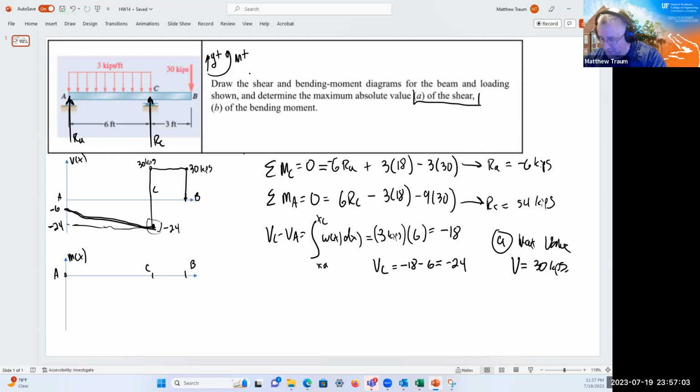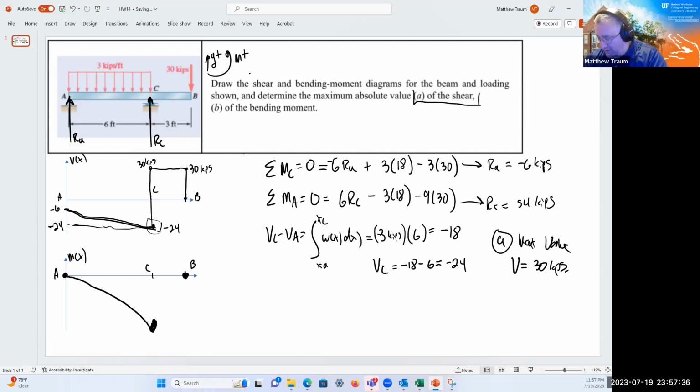I should mention, the beam starts at A and it ends at B, and so I have no moment at A and no moment at B. So those two values have to be 0. And as this line slopes downwards and negative, I know that the shape has to be concave downwards, right? Because that slope is ever decreasing. It's ever increasing in magnitude, decreasing in that it's getting more negative. So this is going to look like a curve like that.